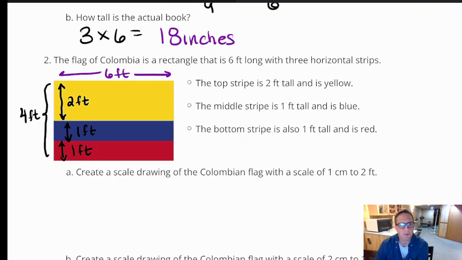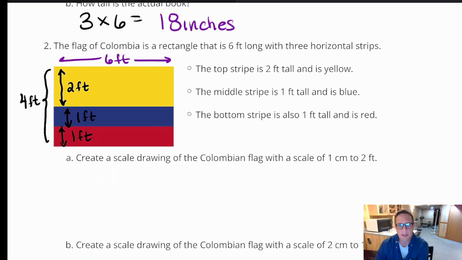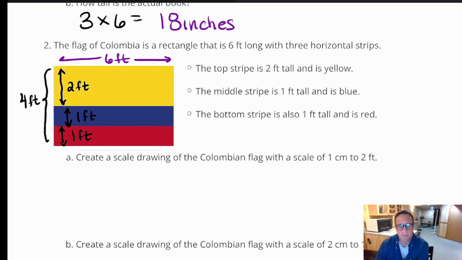So what do we got to do? Create a scale drawing of the Colombian flag with a scale of 1 centimeter equal to 2 feet. So for the width, I'm just going to map it out here.